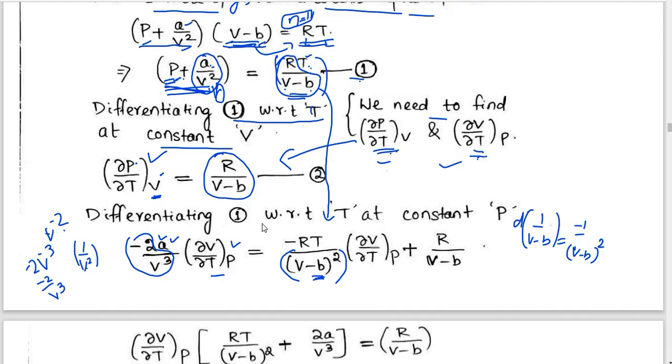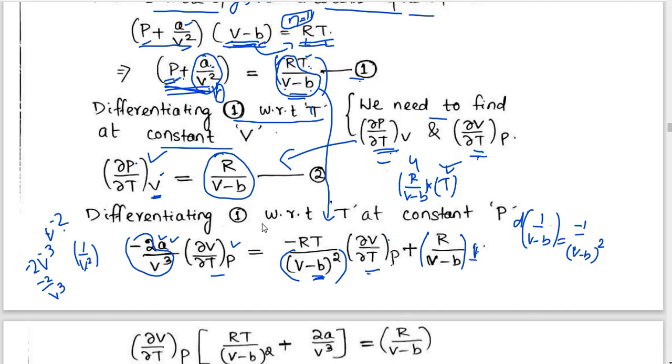Times del V by del T at P, because we use the UV formula here. What is the UV formula? One part will be R by V minus B and the other part will be T. If you take this part as U and the other part as V, we use the differentiation formula for a product: differentiate U keeping V fixed, plus differentiate V keeping U fixed. So R by V minus B is kept fixed, and the derivative of T with respect to T is 1.